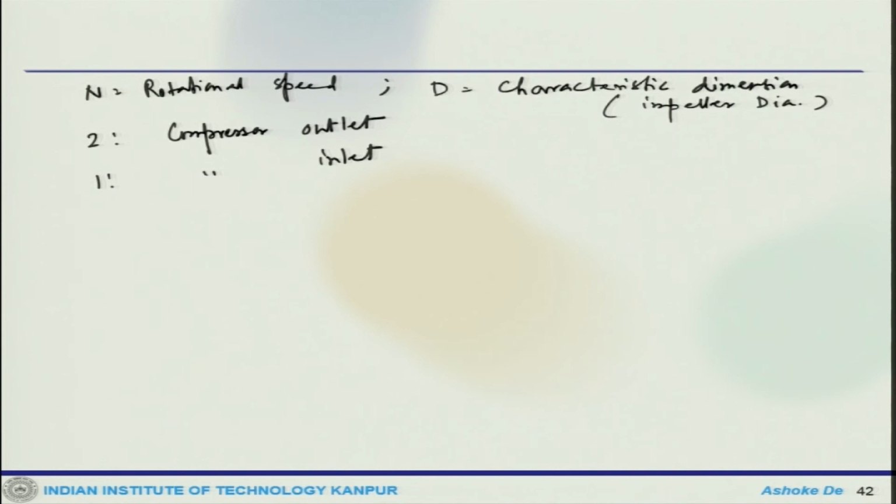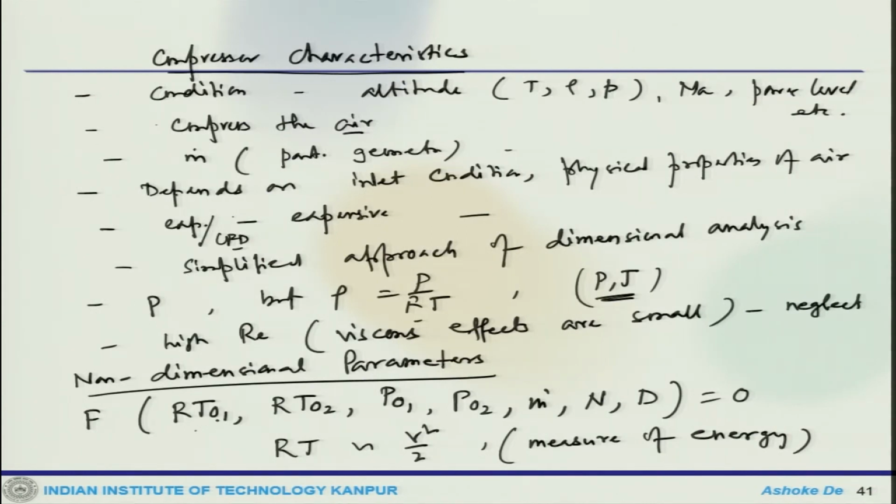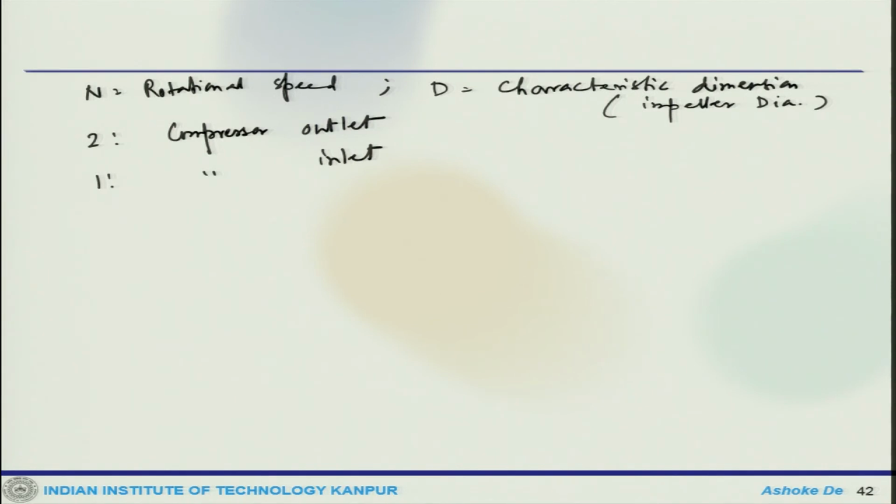So, if we look at this non-dimensional parameter space, we have 1, 2, 3, 4, 5, 6, 7. So, we have 7 variables.